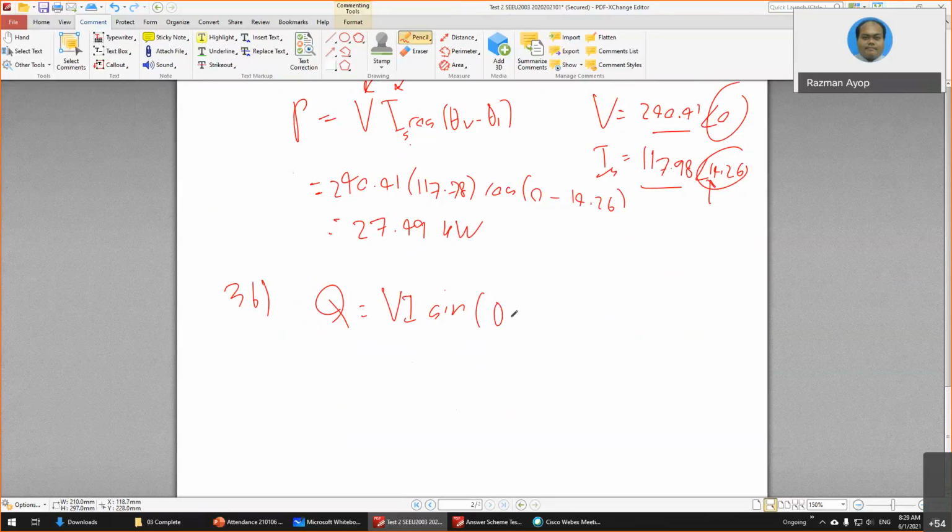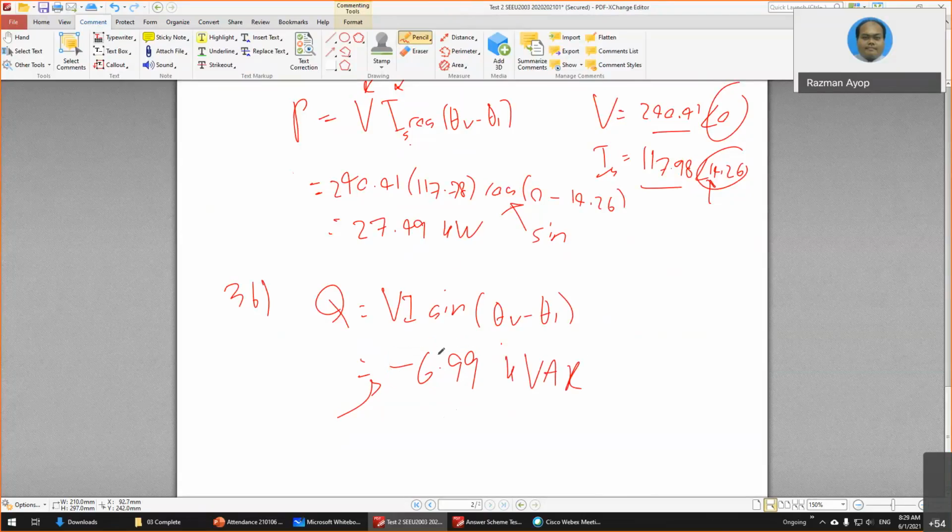Sine theta V minus theta I. So same thing, except this one you change to sine. So for this case, you get negative 6.99. Remember that if you get negative, make sure you include the negative. Some of you just cancel the negative.